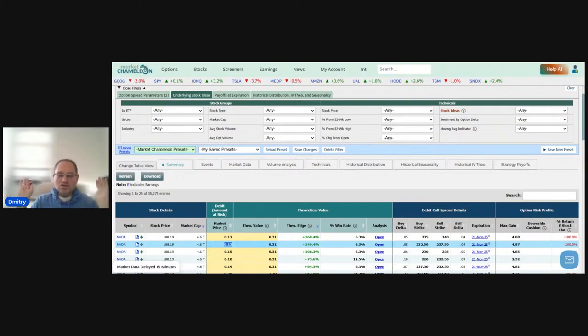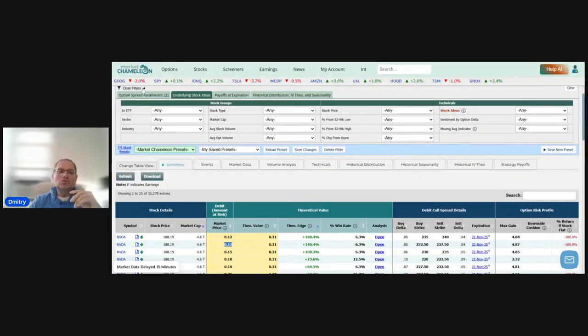So what we'll do is say, well, show me the best call spreads available where the pricing of the call spread looks attractive based on how the stock moved historically, where, you know, if we took historical moves and created a theoretical price of a call spread and we compared it to the market, it looks attractive.